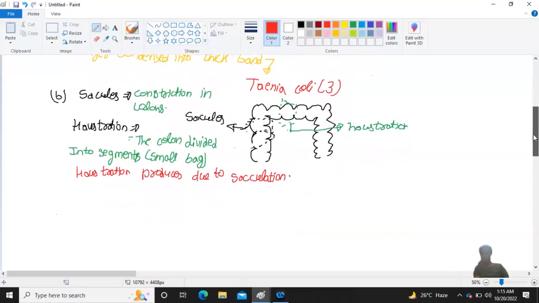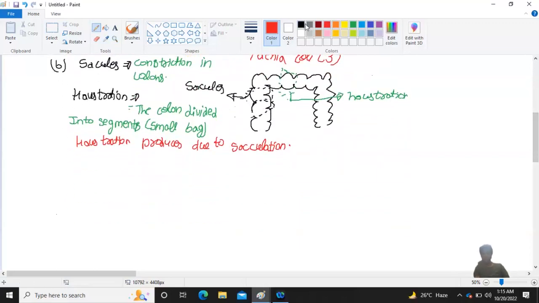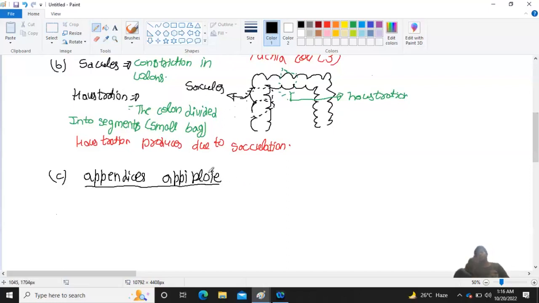Then another, third feature is appendices epiploicae. What are these? Remember, in the large intestine there is much more fat present than in the small intestine. So some small pouches of fat are formed in the large intestine.